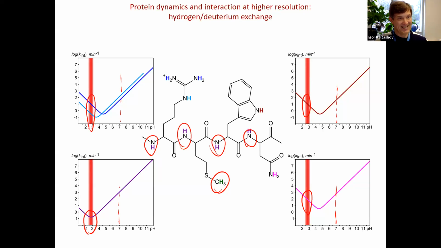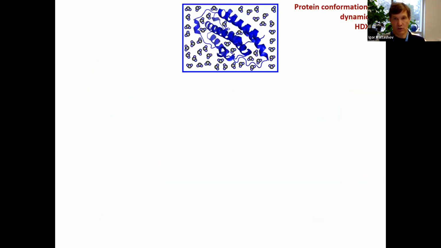To them, this is the acid catalyzed part of the curve. So it's only these types of hydrogens that I am pointing arrows to that are significantly decelerated, or as we say, quenched under these conditions. The exchange is extremely slow. And this is what we use in our experimental schemes. So I will show just one experimental scheme very quickly.